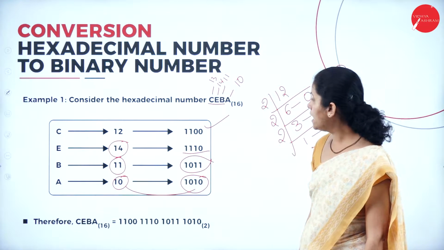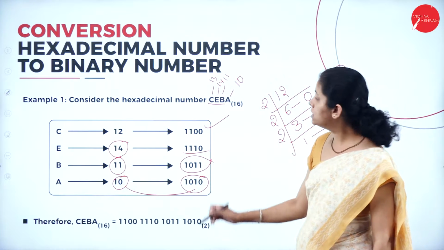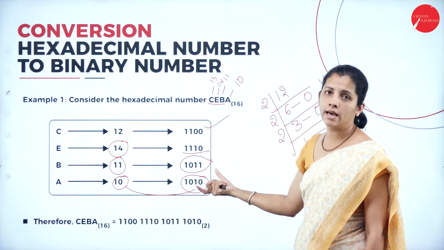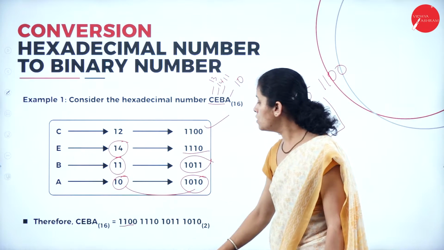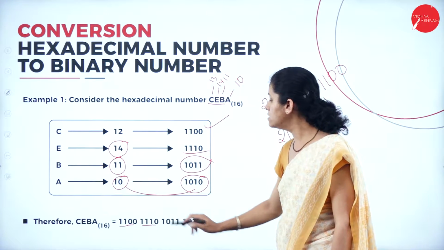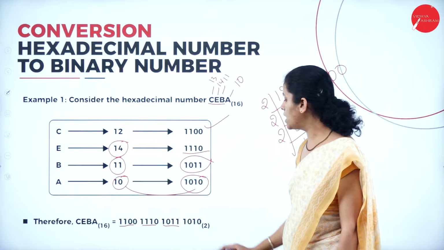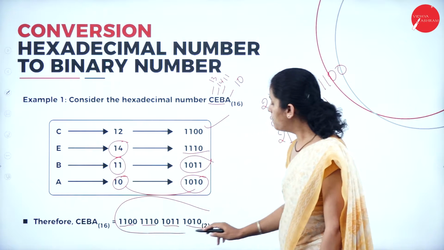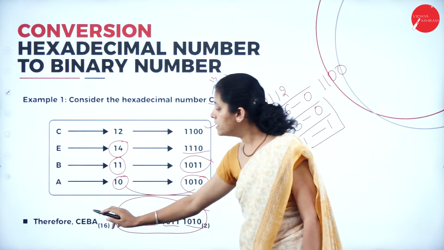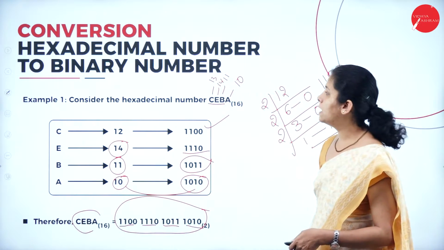At the end I club all the binary bits together. So I will write 1 1 0 0 1 1 1 0 1 0 1 1 1 0 1 0, and it is nothing but the binary conversion of the given hexadecimal number.